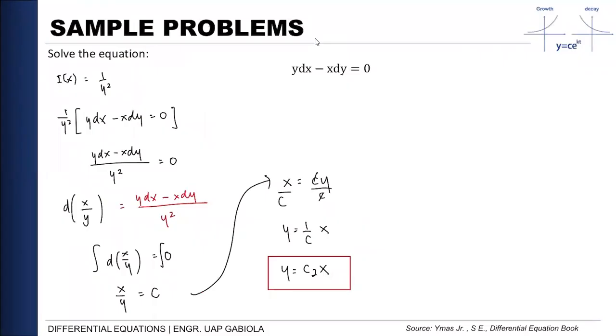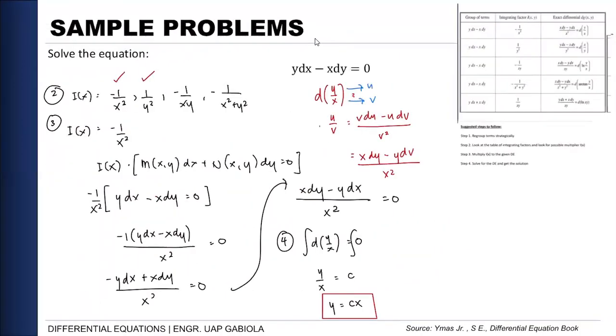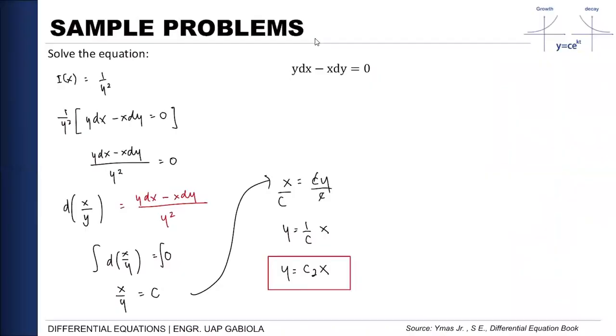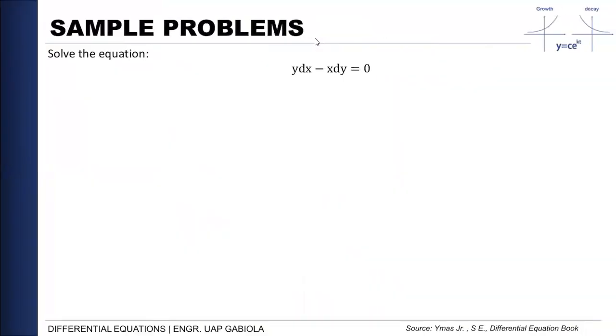Okay. So, that is negative 1 over xy. Okay. So, integrating factor number 3, negative 1 over xy. So, y dx minus x dy is equals to 0. Okay?